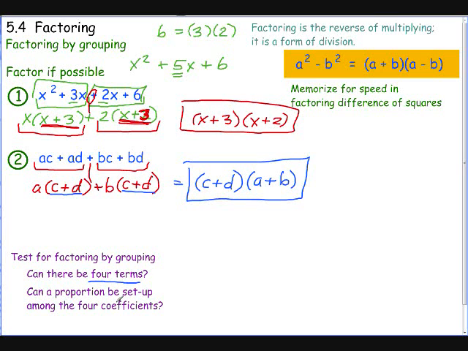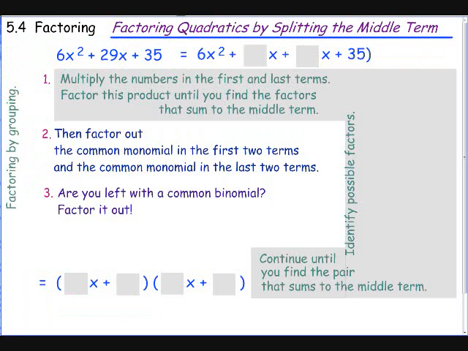Can a proportion be set up among the 4 coefficients? Factoring quadratics by splitting the middle term. That's what we just did. You multiply the numbers in the first and last terms.